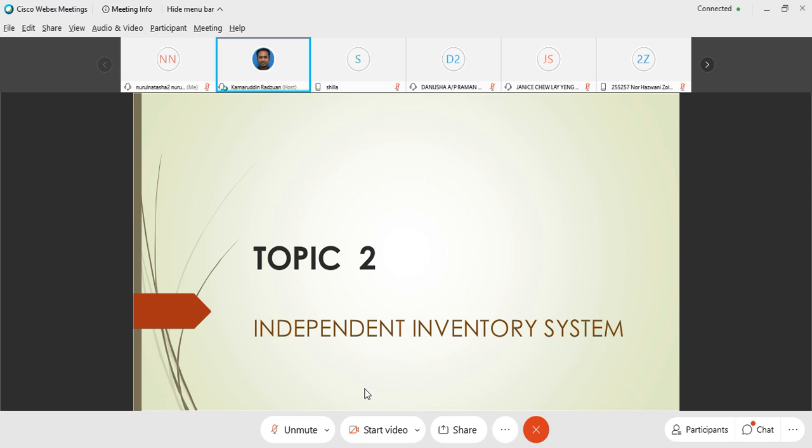Okay. Chapter 2, or topic 2, is about the independent inventory system. In this topic, we will discuss, especially focusing on, the information needed for controlling the independent inventory.